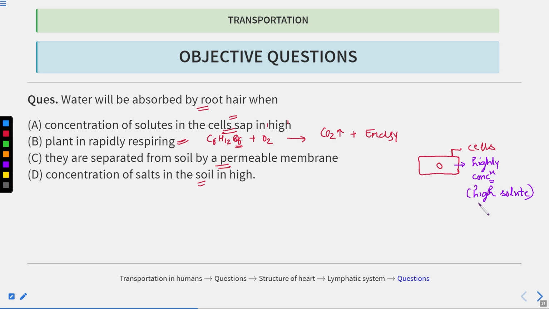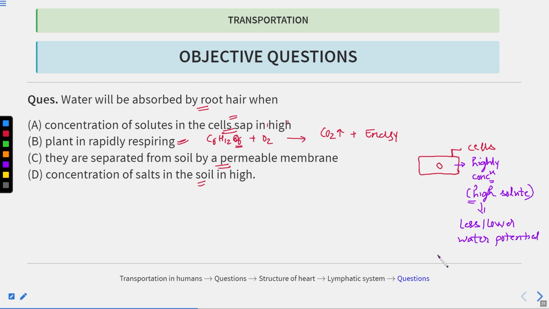Then what will happen if there is a high concentration of solute? Here the water potential will be less. So the cell sap has a lower water potential than its surrounding.